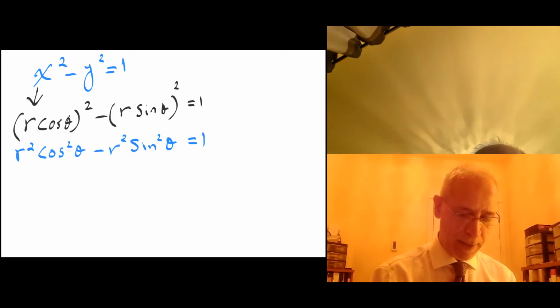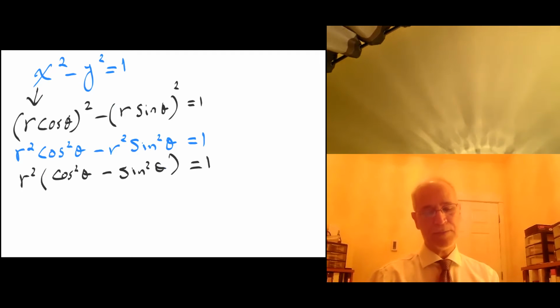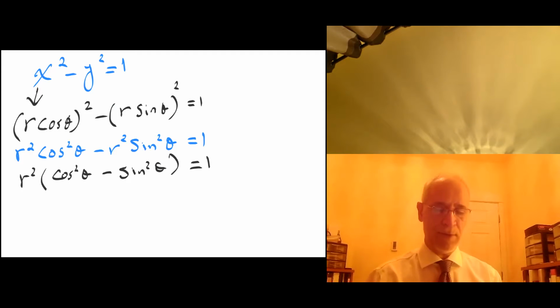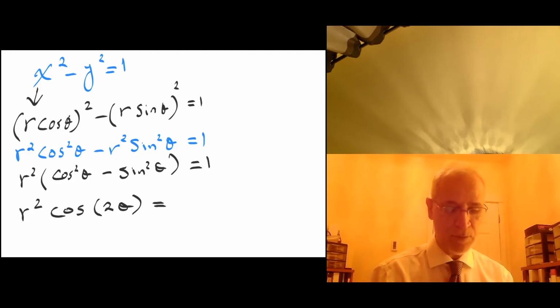And I'm going to go ahead and factor r squared. So I have r squared times cosine squared of theta minus sine squared of theta equals 1. And I know that cosine squared of theta minus sine squared of theta is cosine of 2 theta. So r squared cosine of 2 theta equals 1.